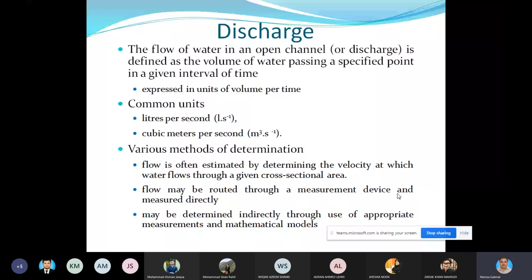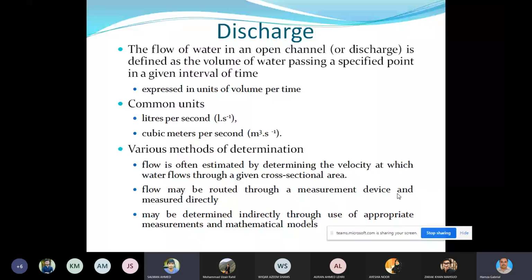For the scope of this class, we'll be focusing more on the first two methods, that is how velocity can be measured, so that we can determine the discharge by multiplying that velocity with the given cross-sectional area. And second, what are the devices or instruments available through which we can route the flow and measure the discharge directly.